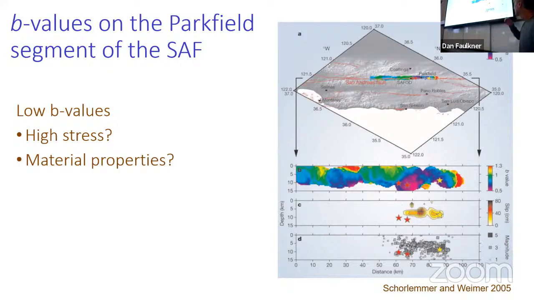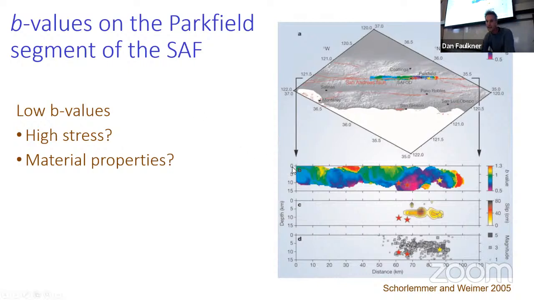So this was a study by the group at ETH in Zurich, who looked at seismicity that was occurring on this creeping section. What we're looking at in these panels just here is the actual fault plane itself. So we're looking at a prediction of the fault plane.